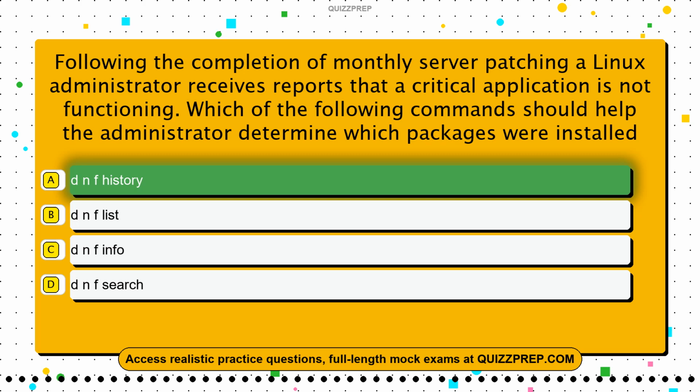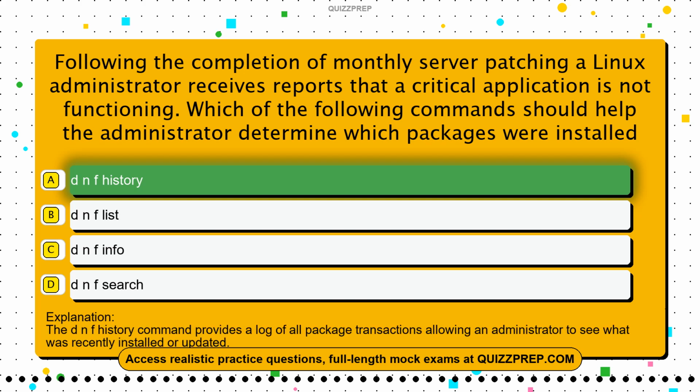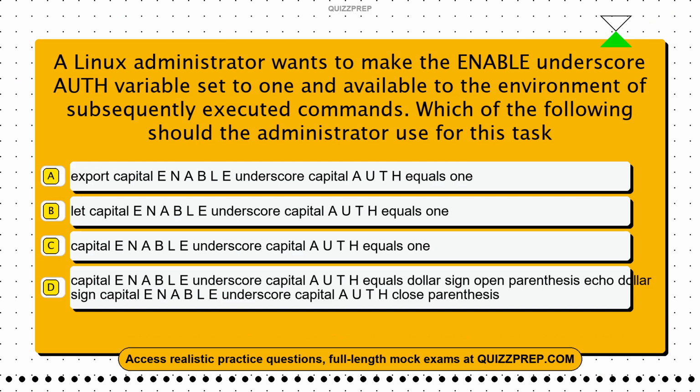The correct answer is option A, DNF history. The DNF history command provides a log of all package transactions, allowing an administrator to see what was recently installed or updated. Question 27. A Linux administrator wants to make the enable_auth variable set to 1 and available to the environment of subsequently executed commands. Which of the following should the administrator use for this task?